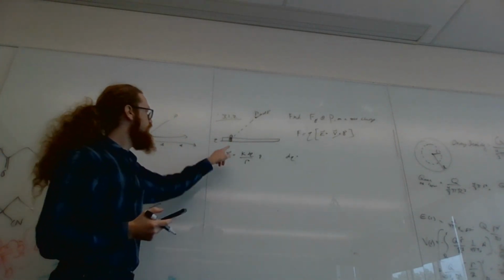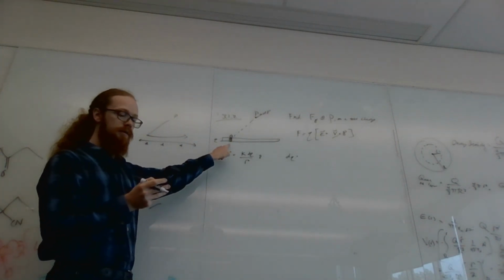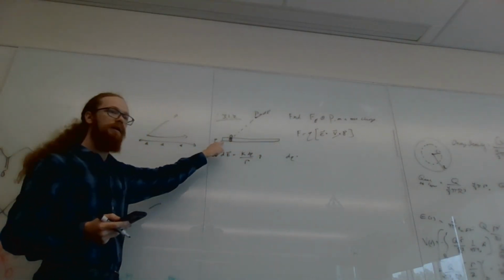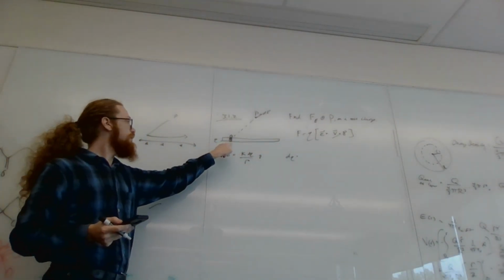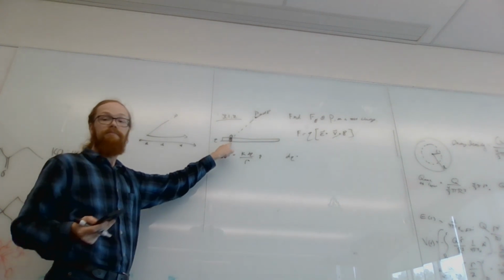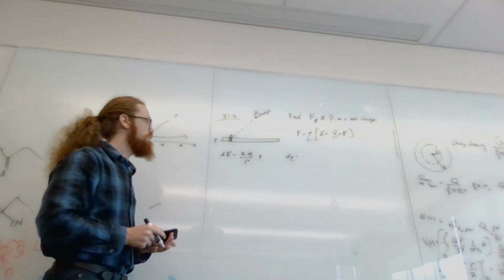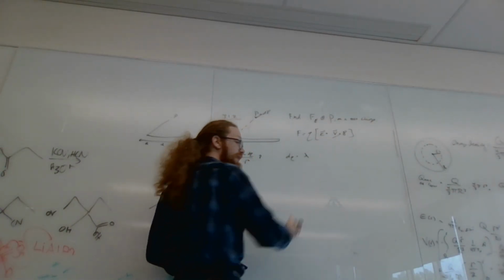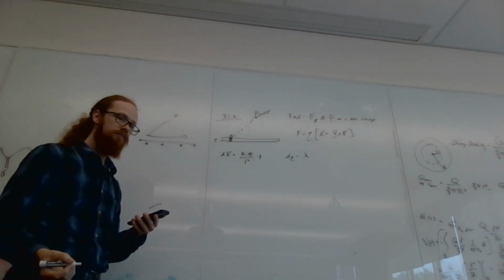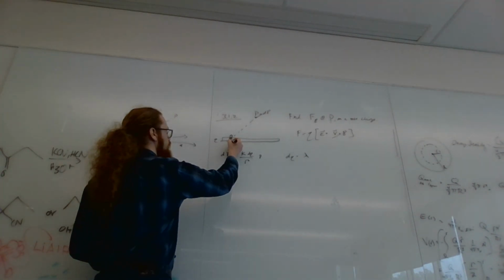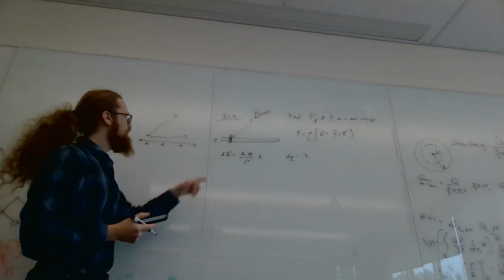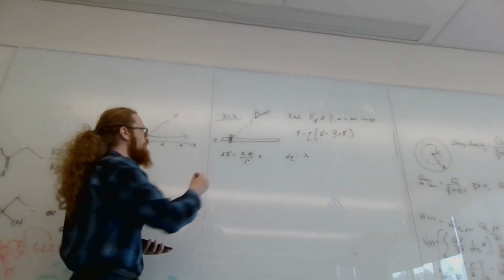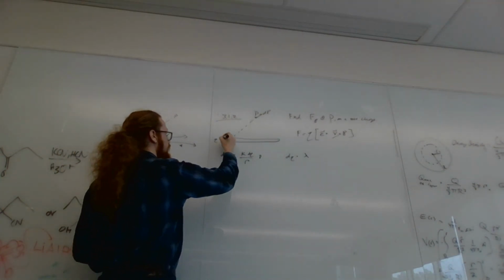How much charge is in here is essentially the density of charge on this line times the amount of length we're looking at. So I need the charge density, which is lambda, times dx. The wire doesn't have a real thickness, so we just call it dx.